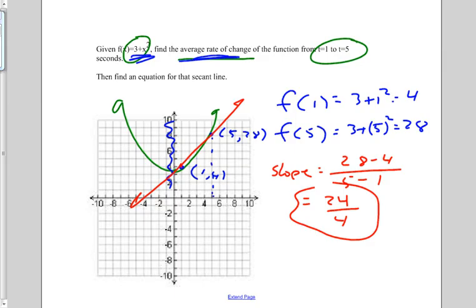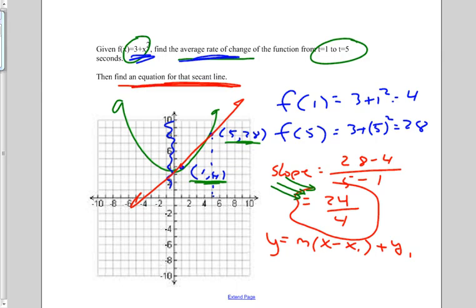And then the next question is to find an equation for that secant line. Well, I want to find an equation for this red line, the secant line. So I know that I can use point slope form, y equals m times x minus x1, plus y1. And I have 2 points to choose from. I can either choose this point or this point. And I know the slope, which we found right here.